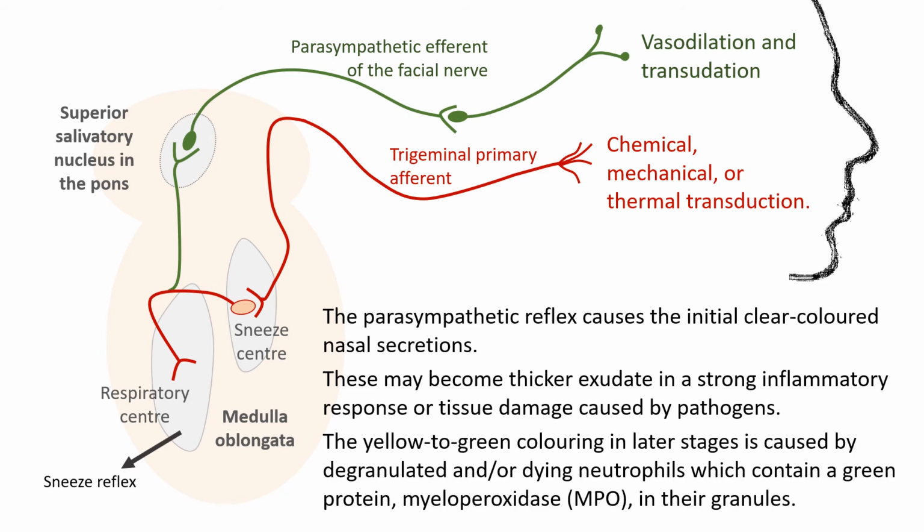And then we may get a yellow, fading into green the stronger it gets, colouring of this exudate. And this, of course, is caused by the degranulated or dying neutrophils, which contain the green enzyme myeloperoxidase, MPO. And that's what then colours it, these disgusting colours.